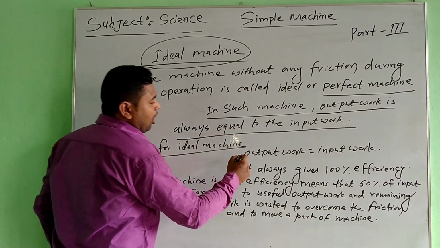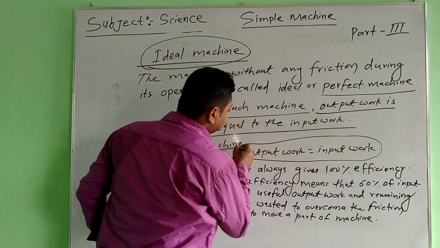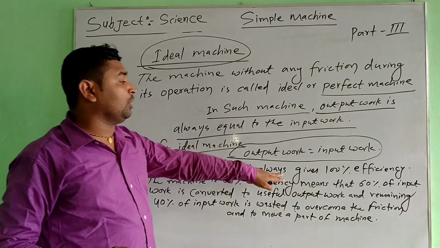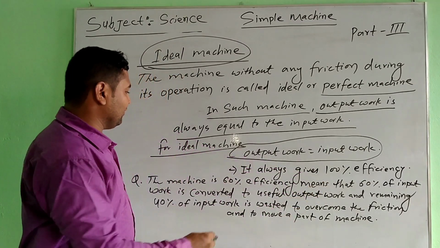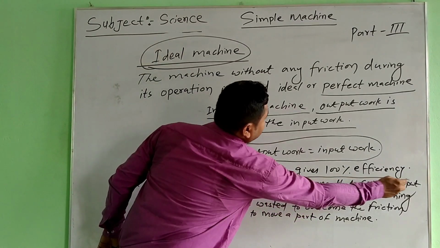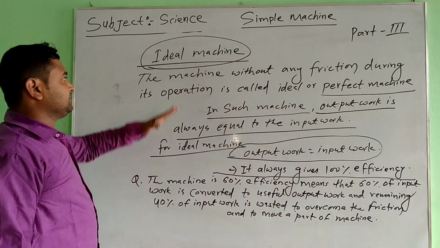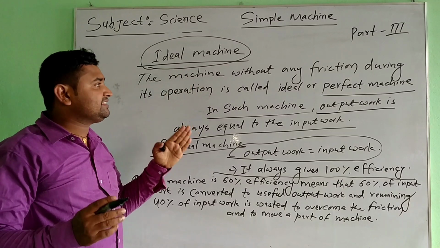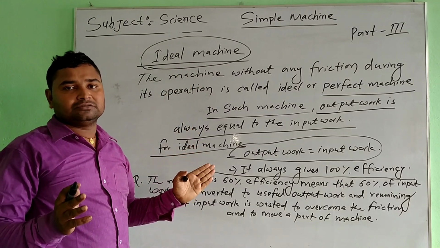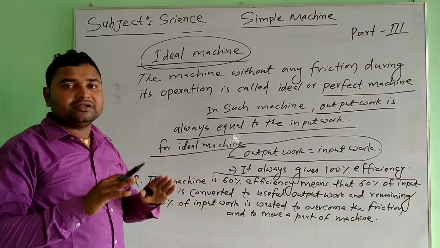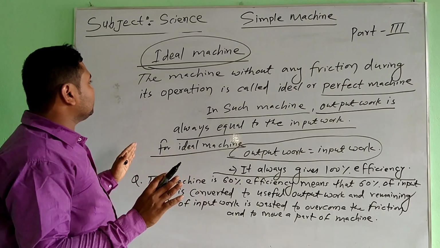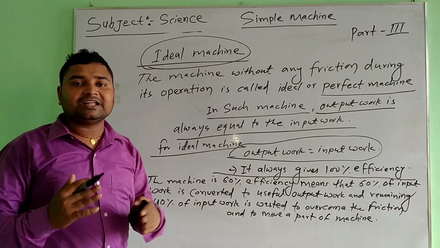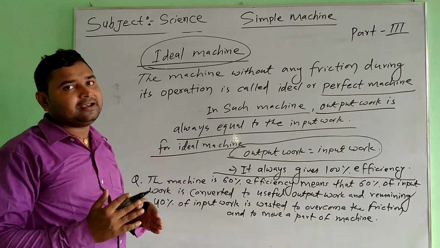In the ideal machine, output work is always equal to input work. It means it always gives 100% efficiency. An ideal machine is one which does not reduce, the frictionless machine.